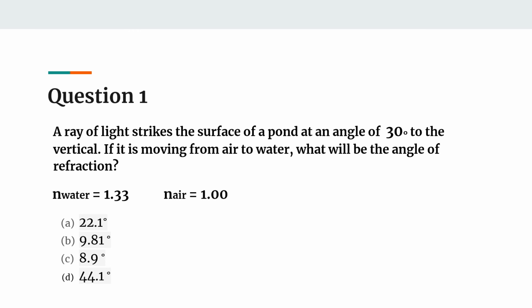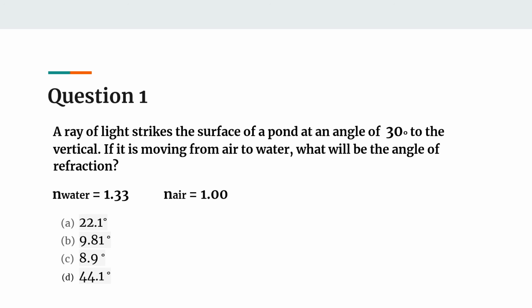So now come the questions. A ray of light strikes the surface of a pond at an angle of 30 degrees to the vertical. If it is moving from air to water, what will be the angle of refraction? We know the refractive index of water is 1.33 and the refractive index of air is 1.